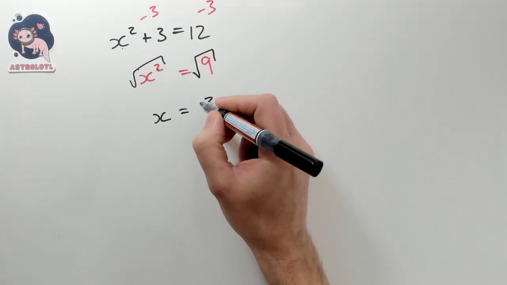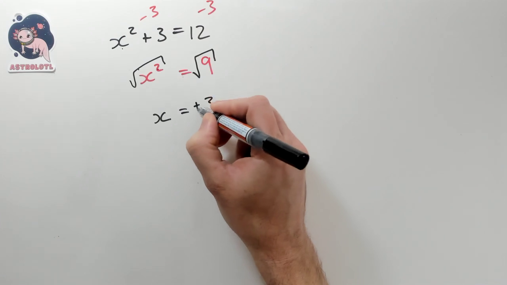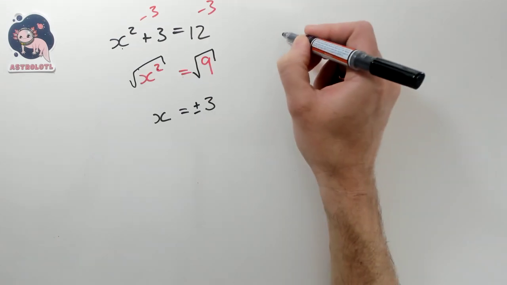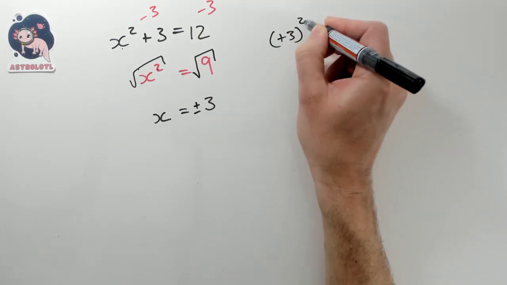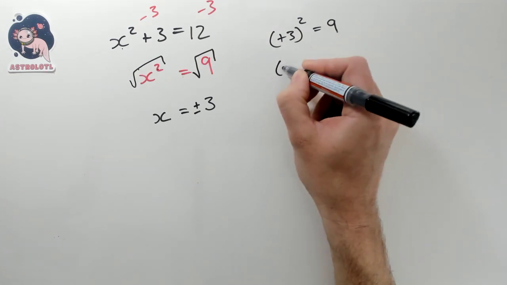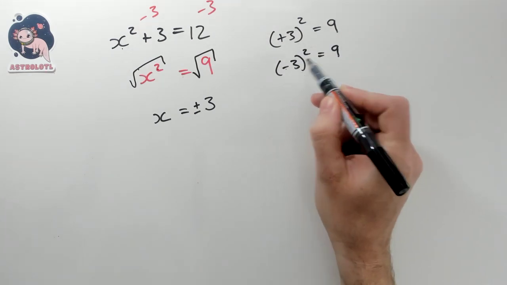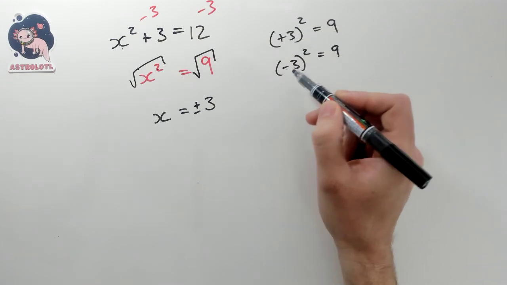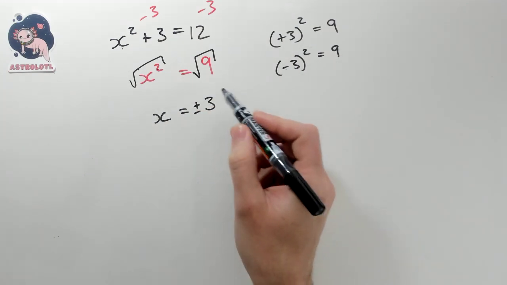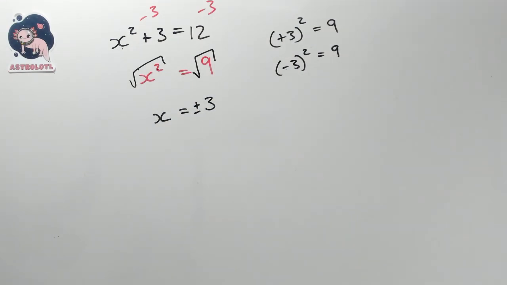I don't know how far you are in the syllabus yet, but it should be plus or minus 3, because plus 3 squared is 9, and negative 3 squared is 9, because a negative times a negative is a positive, and 3 times 3 is 9. So we actually have two answers in this case. It just depends on what math we're doing.